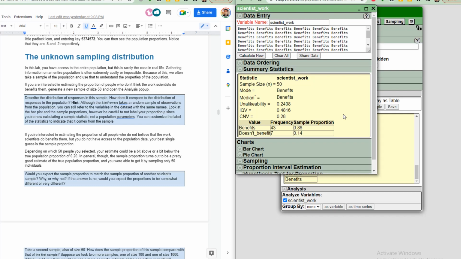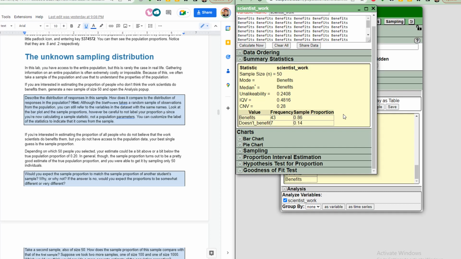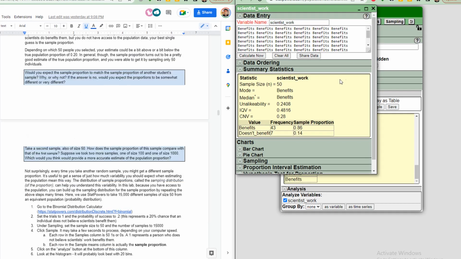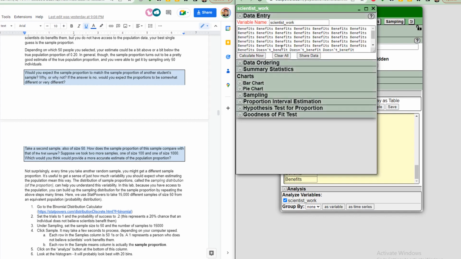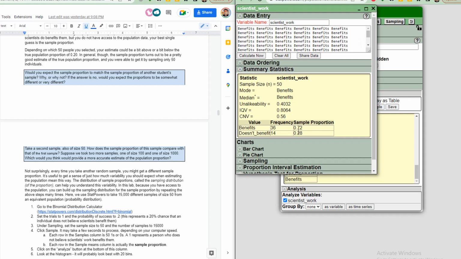But let's say we didn't and we wanted to try to estimate that from this sample of size 50. The thing to think about is this. Let's say I'll sample again, and I'll analyze it again, and then I'll look again at the proportions. In this sample, 72% said it benefits.